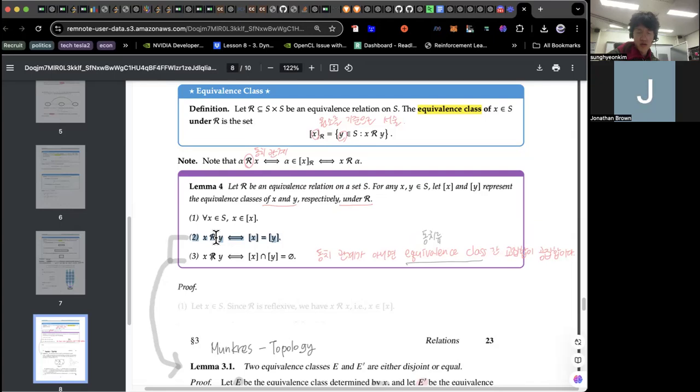Right. So then if S is equivalent to X and X is equivalent to Y, then S is equivalent to Y under R. Okay, I got it.